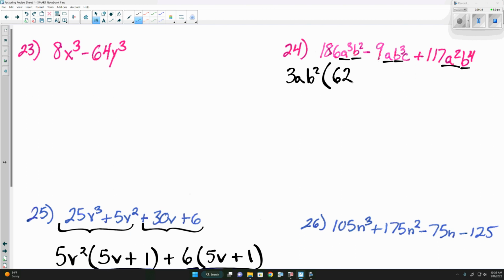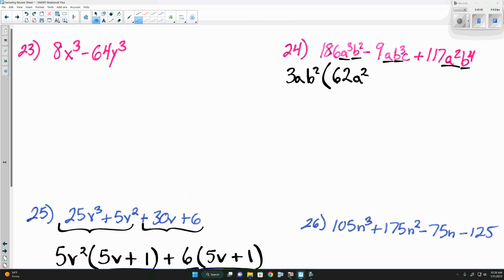Now if I take 1a away from a cubed, I'm left with a squared. B squared divided by b squared, or b, if I factor b squared out of b squared, it factors out completely. We could say it's multiplying by 1, but that really doesn't tell us anything because 62 times 1 is just 62.